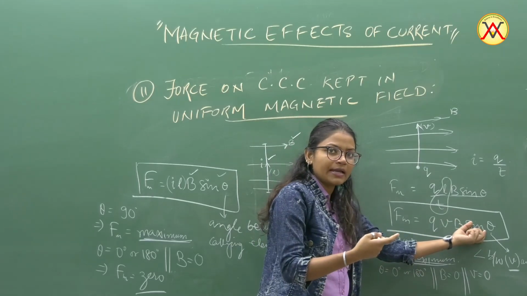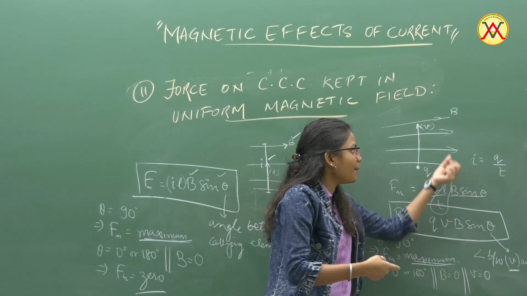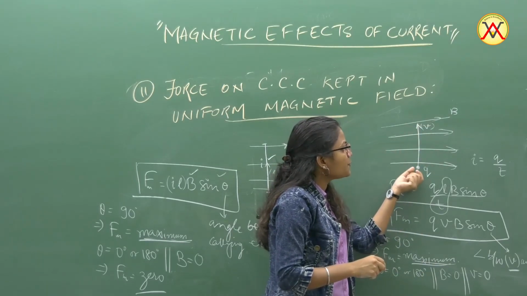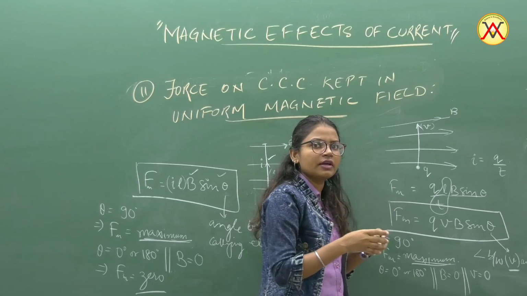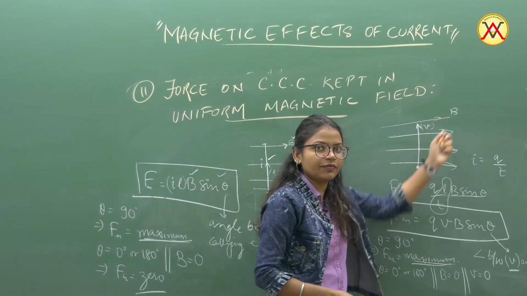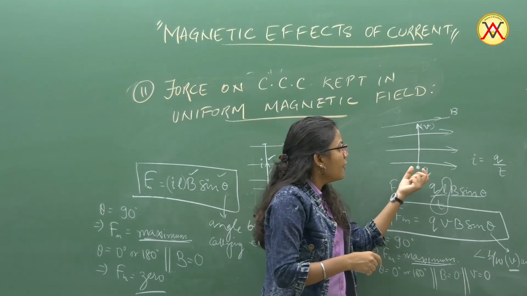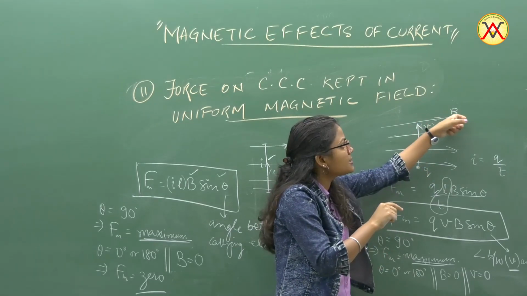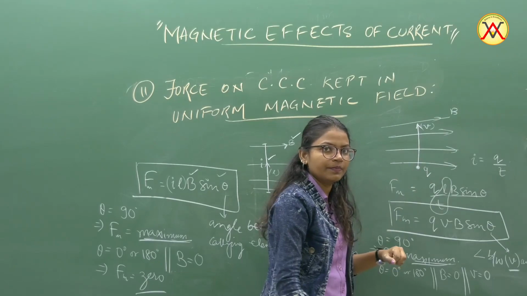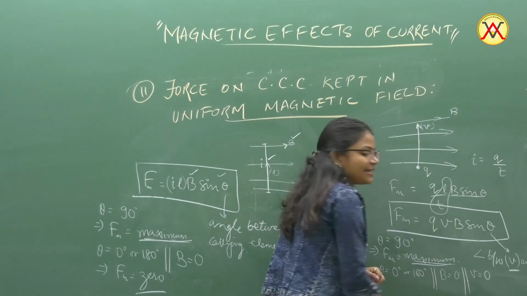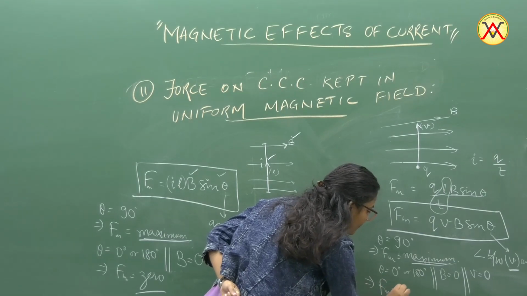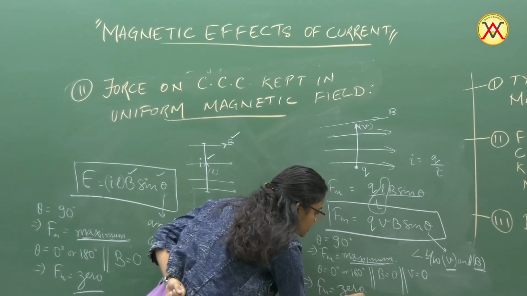Either we project the particle parallel or anti-parallel to our magnetic field, or we project our particle anywhere in space where there is no magnetic field, or we have a particle at rest inside a uniform magnetic field. In all three cases, the magnetic force experienced by the particle will be 0.